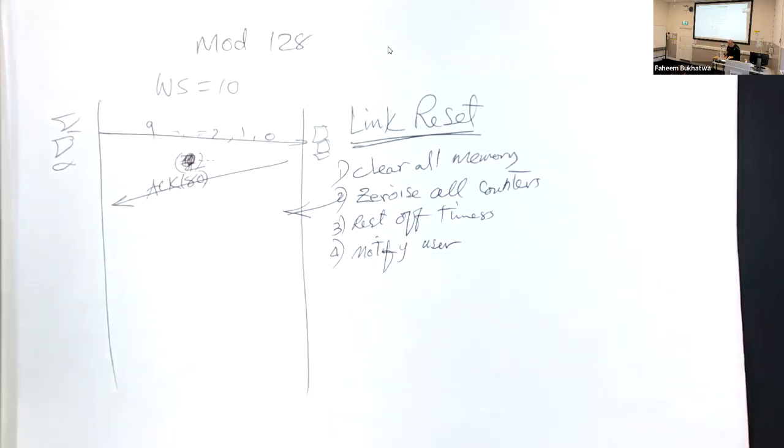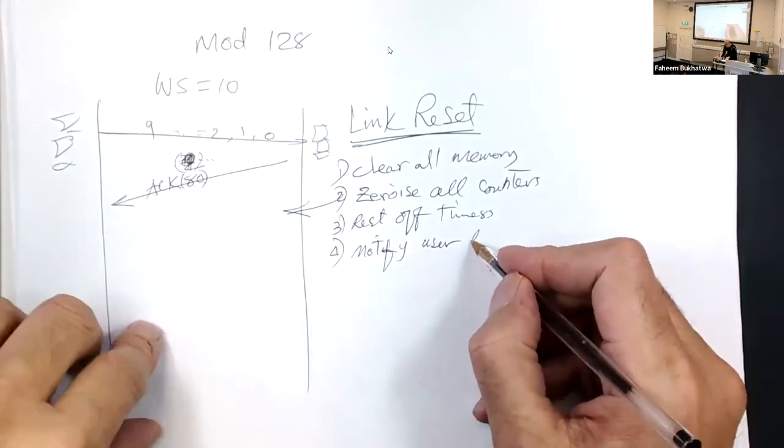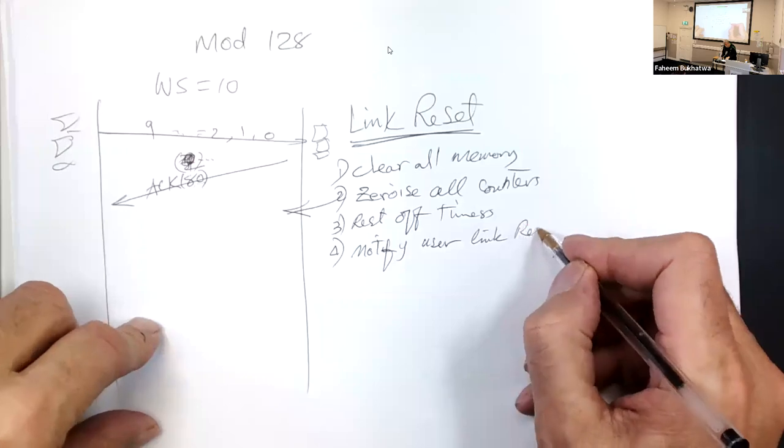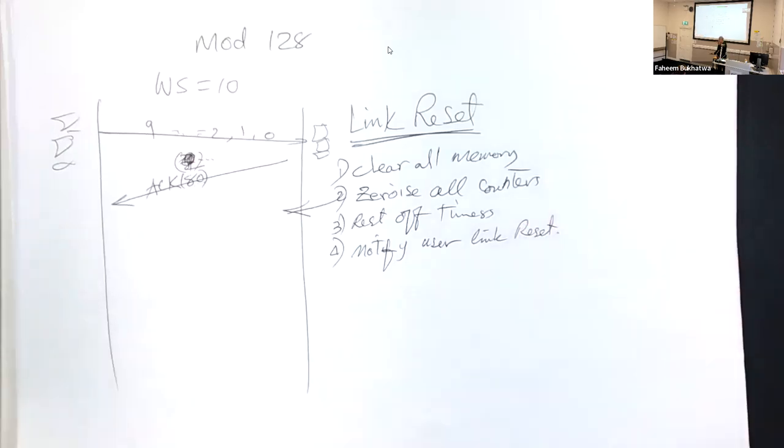Anyway, we notify the user that the link is reset, link reset. What does that mean? It means forget about anything we were transmitting. If you were downloading a file, a video, and maybe you went 80%, 90%, and then that's it, we told you we lost the link. It's like we lost the internet.